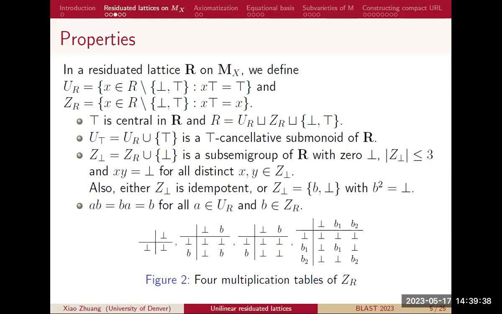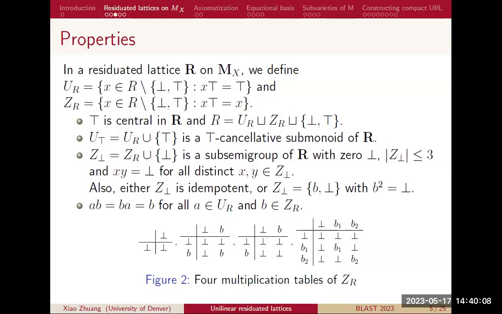So here, our M_X just has 1 in the middle part, but not the top. In this case, the top element is central, and the whole universe is the disjoint union of U, Z, and the top and bottom. If we join the extra element top into the set U, it turns out it's a top-cancellative submonoid of R. And if we join the bottom element into the set Z, it's also closed under multiplication.